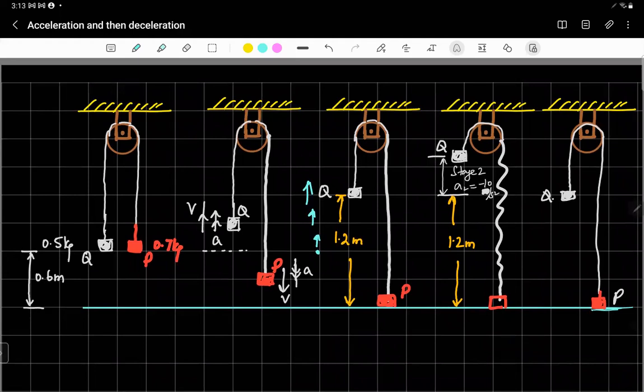Our first assumption is that the string is inextensible. The string which is connecting both masses is inextensible. And the second is that the string slips over the pulley without friction.